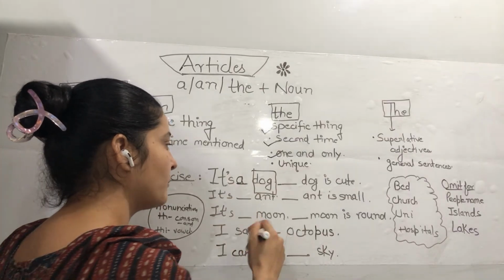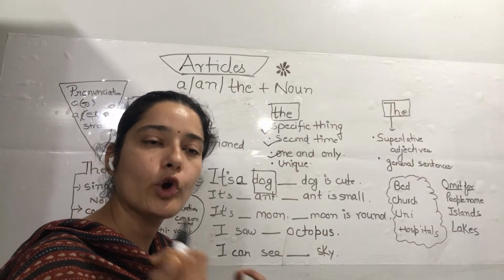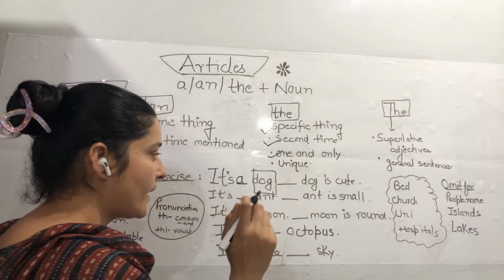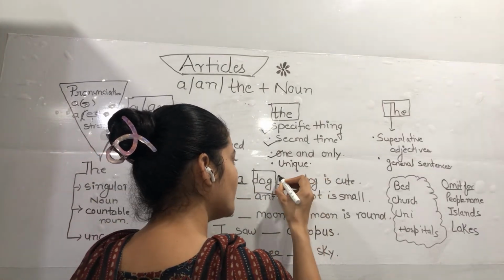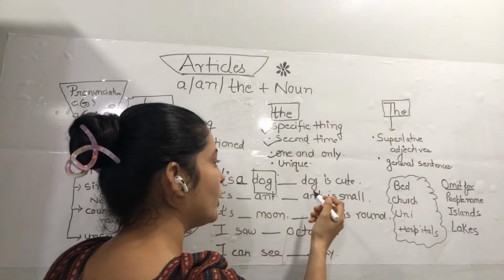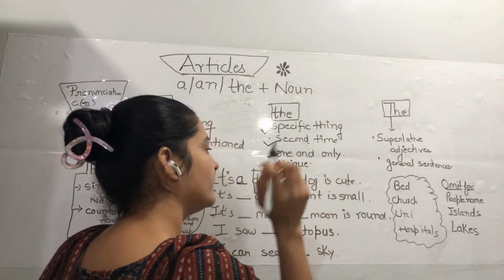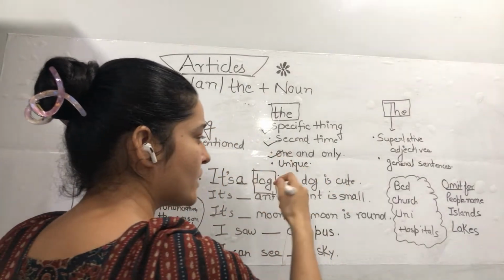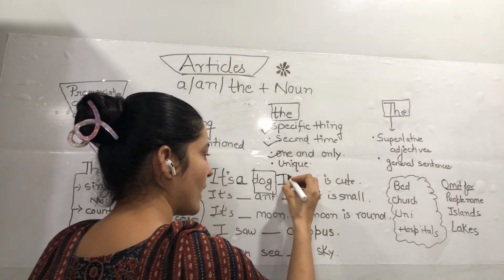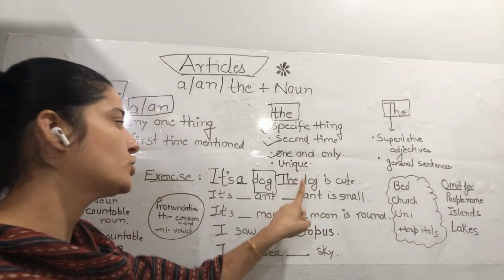And second thing, it is not mentioned anywhere which dog I'm talking about, so it will be "a." And if I have to write now in the same sentence, they are talking about the dog again, telling its quality, that the dog is cute, so "dash dog is cute," it will be "the." Why "the"? Because now I know which dog they are mentioning.